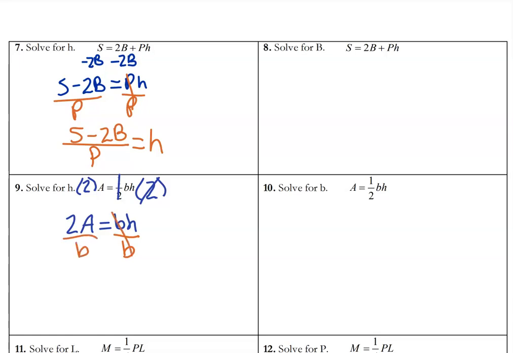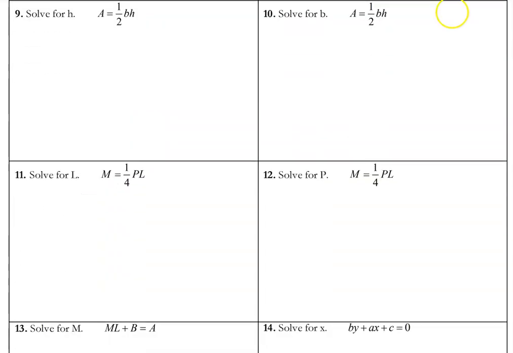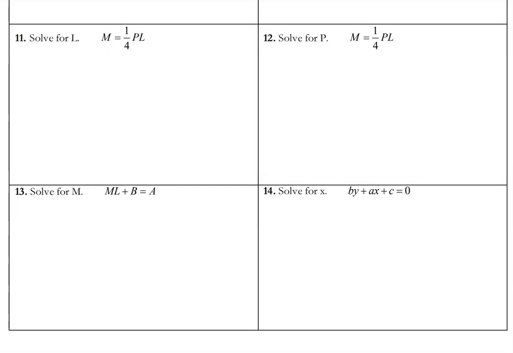Okay, so that cancels that out. So I have 2a over b is equal to h. Okay. All right, we got 2 more examples.